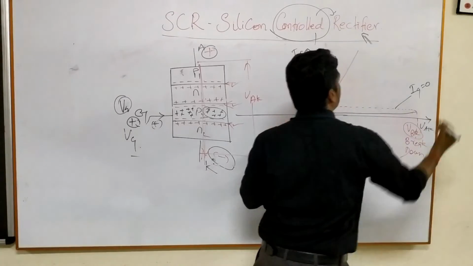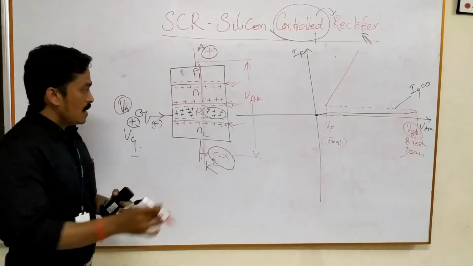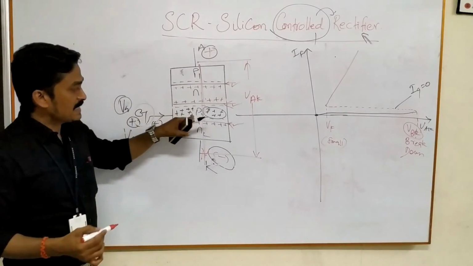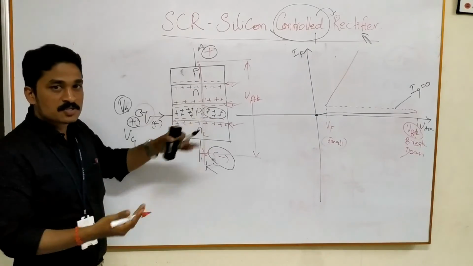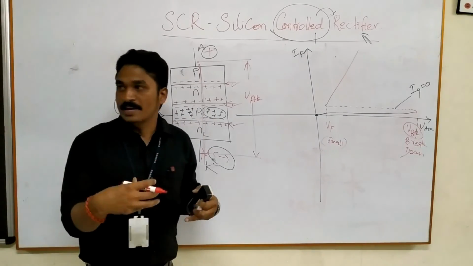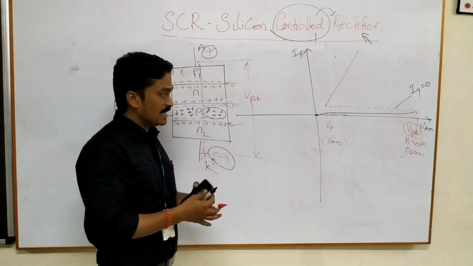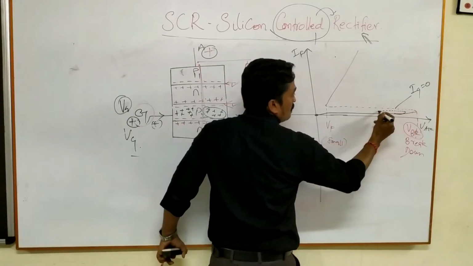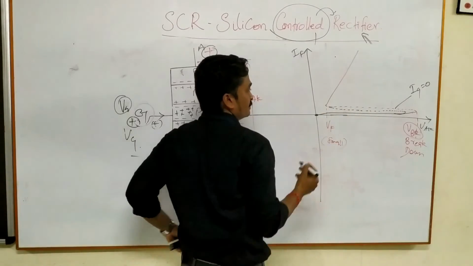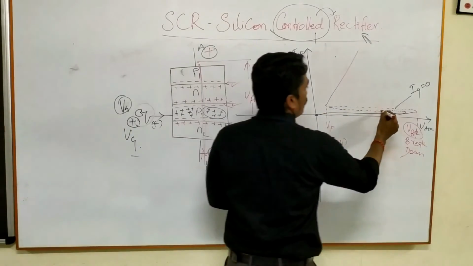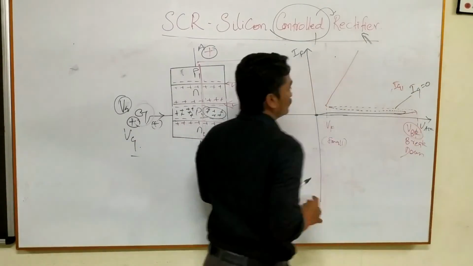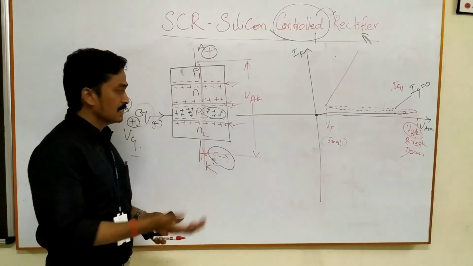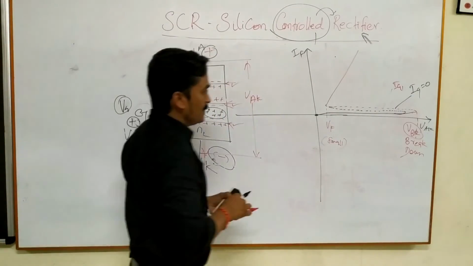Now after applying Vg, this gives extra force to the SCR so that the breakdown occurs very quickly. Then this breakdown may happen like this. This is for some Ig1, and if we keep on increasing this current, then what will happen?